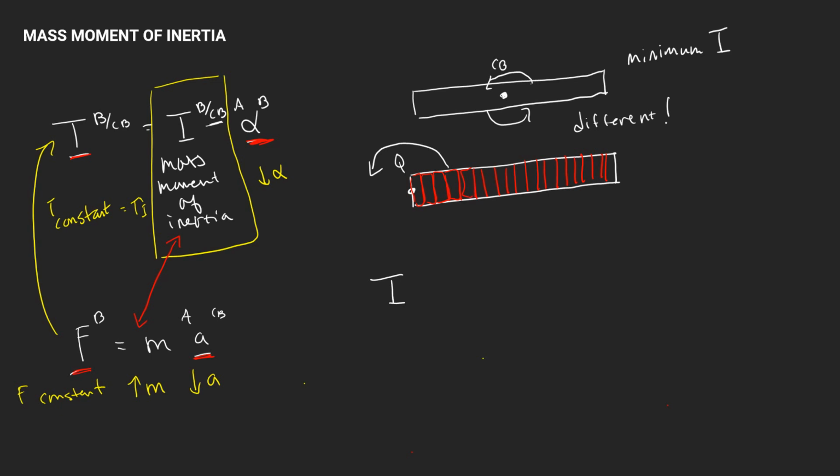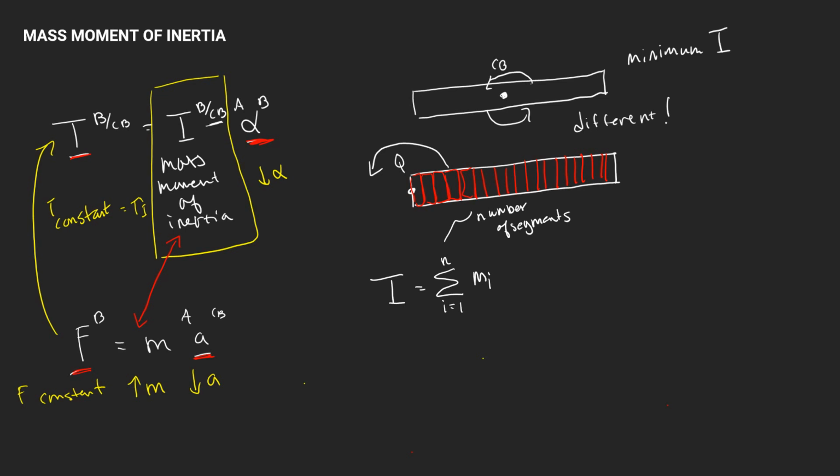Then, to calculate the mass moment of inertia, we sum up, for i equals 1 to n, where n is the number of segments, m_i, the mass of that individual segment, times r_i squared.